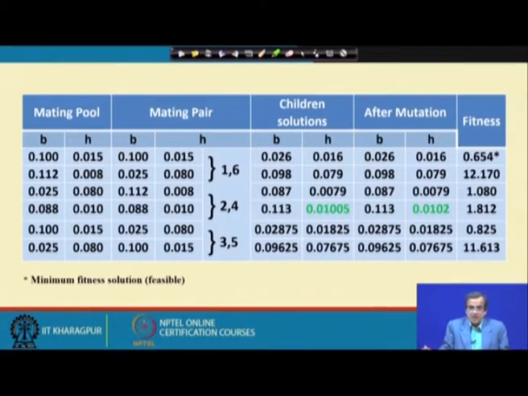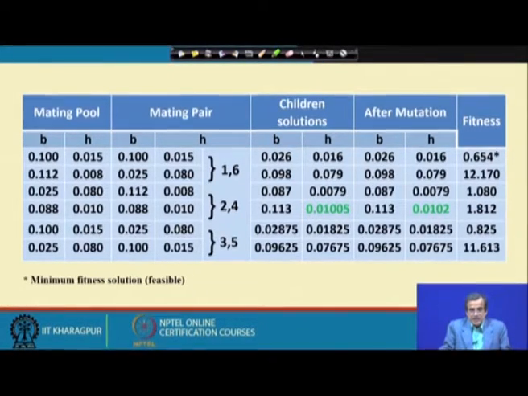Now, another thing I am just going to mention is that if I use this genetic algorithm, whether it is the real coded GA or the binary coded GA, there is a possibility that in the population, particularly if the population size is say 100, 200, a large population size, you will be getting some multiple optimal solutions corresponding to the same value of the fitness.